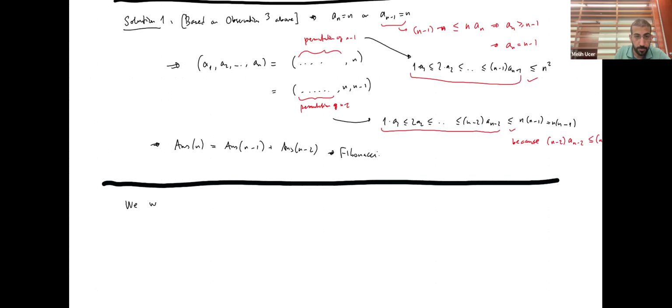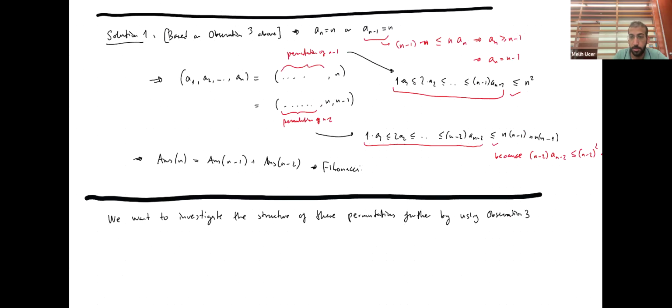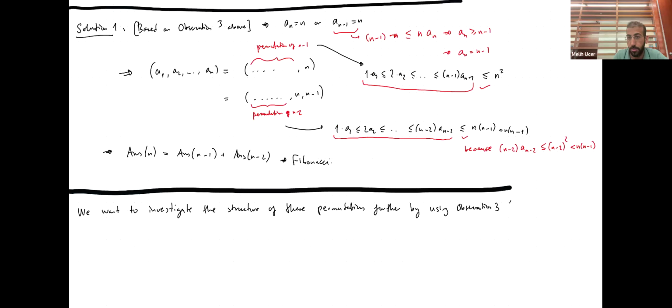We want to investigate the structure of the permutations further by using observation 3, like in the solution.